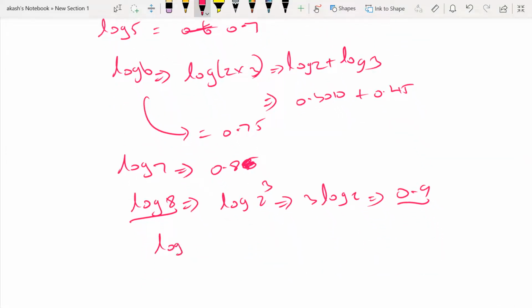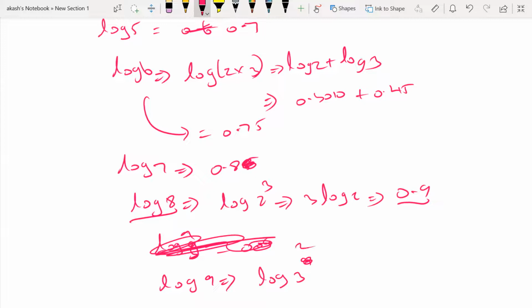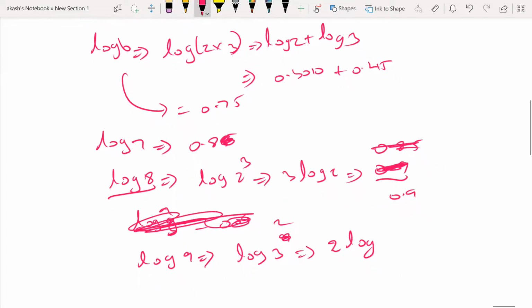And for log 9, again you can calculate this. We can write log of 9 as log of 3 squared, so you'll get it as 2 log 3.